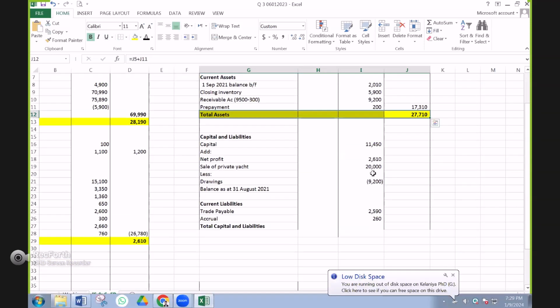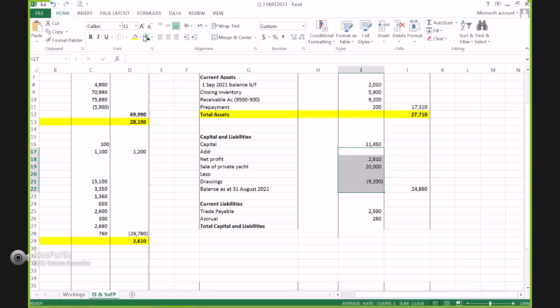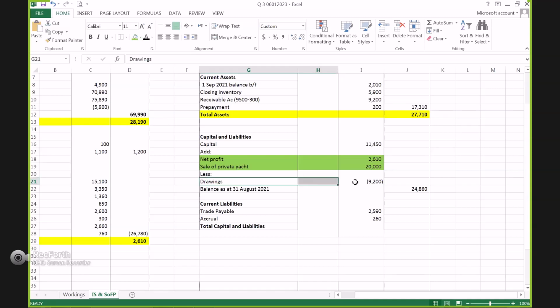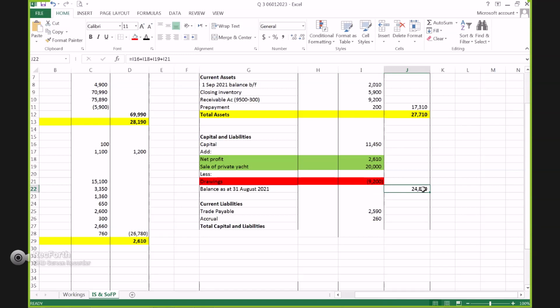With the capital, you have to add the net profit and the sales of private yacht, and less the drawings, and the balance of the capital at the end of the financial year is 24,860.